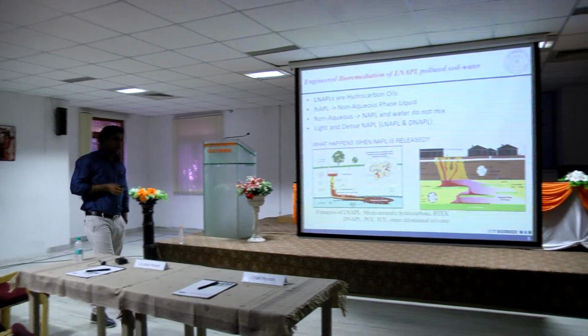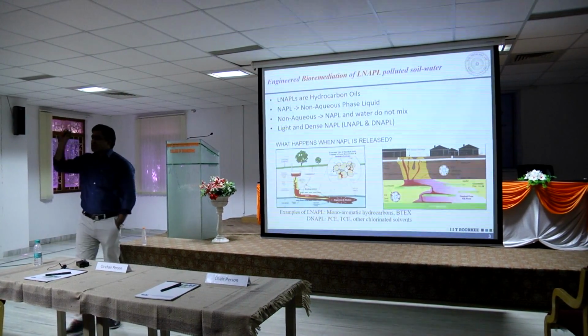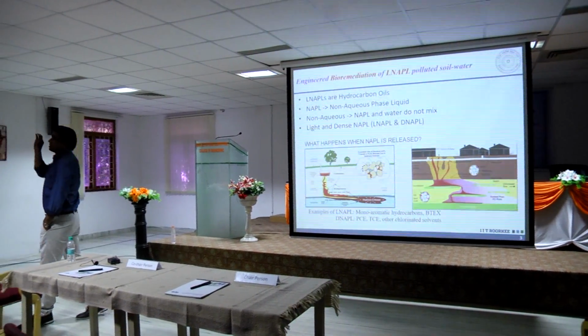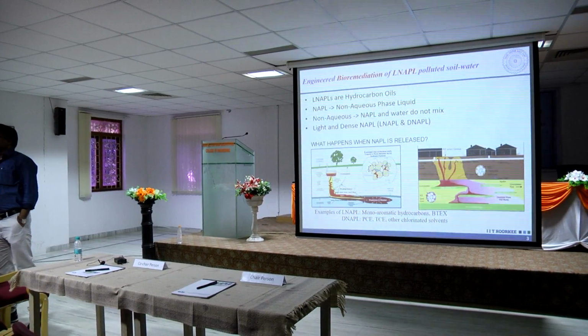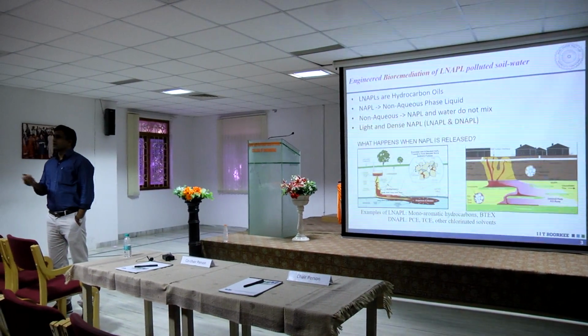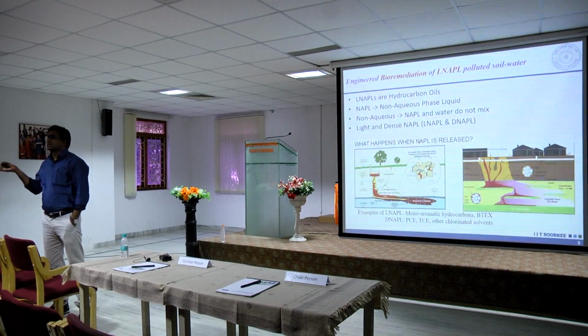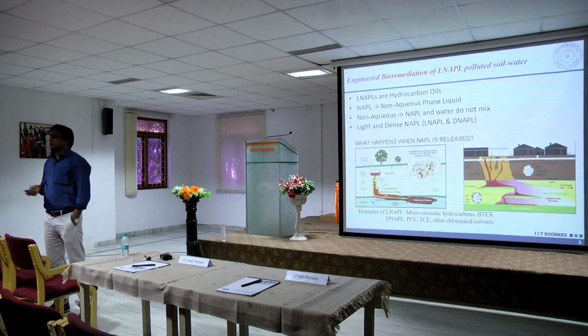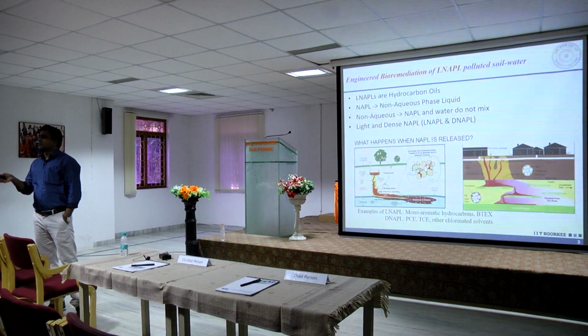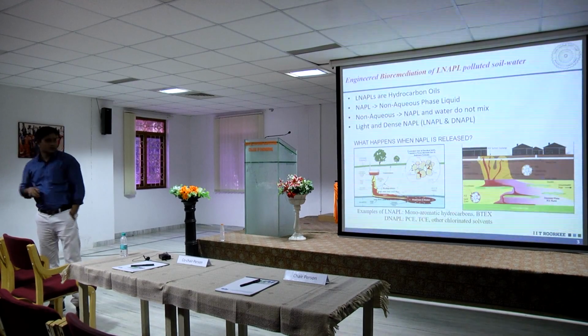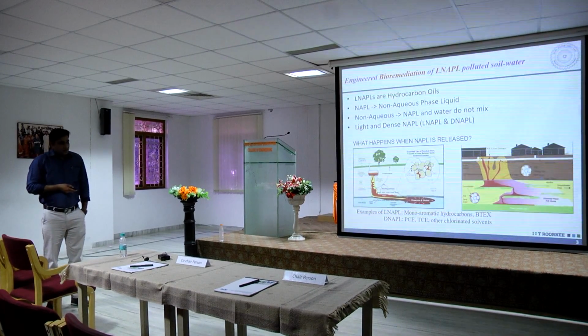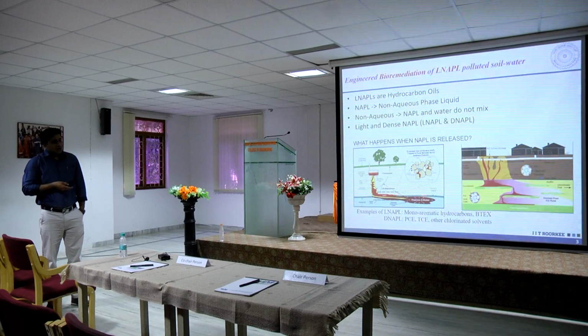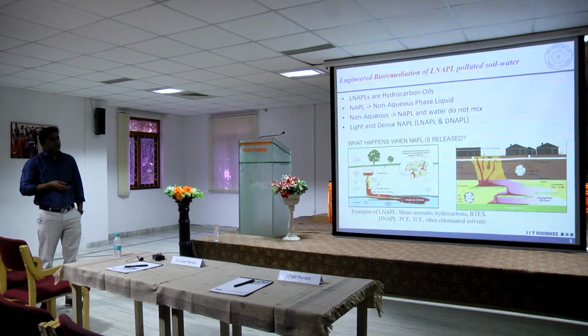Heathrow Airport, if you go there, there is 6 to 7 meter depth of this LNAPL standing below the airport. Where is this coming from? This is coming from the leakages and accidental spills which take place in the refilling of all these aircraft and the buses. So it means they will start moving in the direction of the groundwater flow.